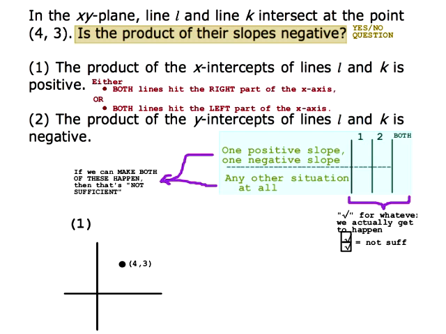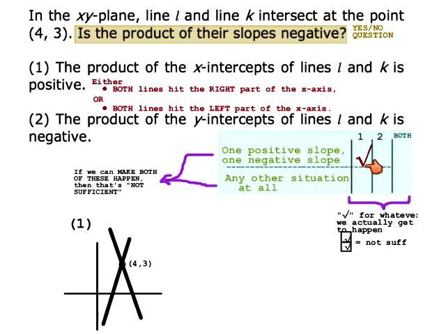So we can draw both lines hitting this part of the axis if we want to. So let's say we have this line and this line. So that is one positive slope and one negative slope. So that's going to check off the top box.